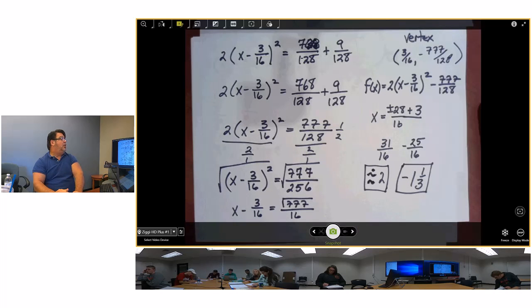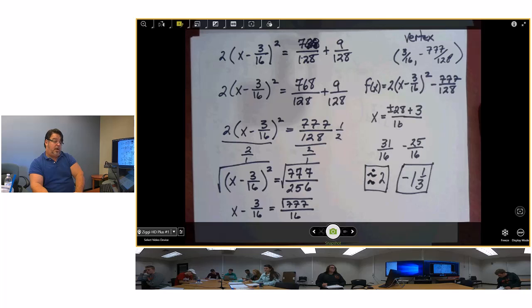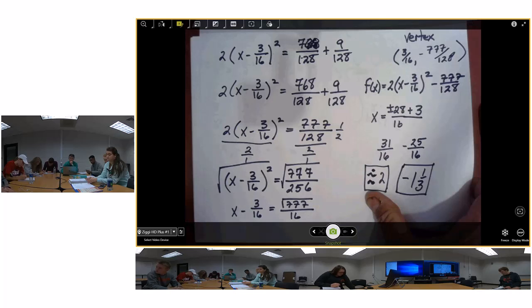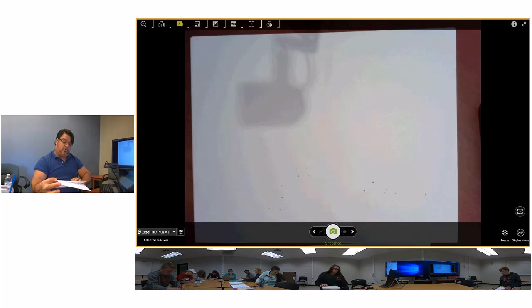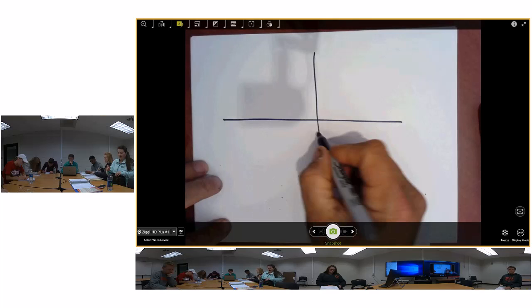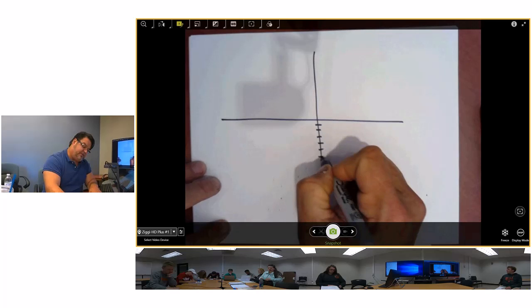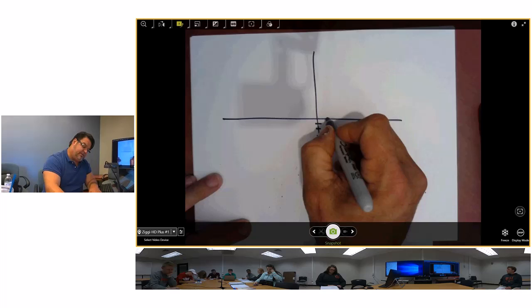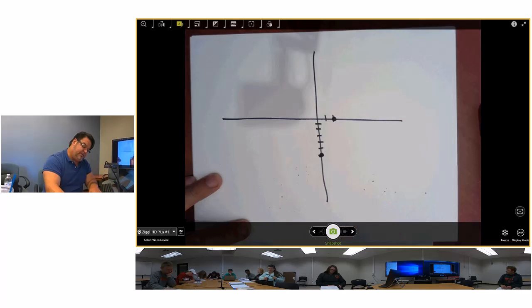All right, now plot those points. Our original (0, -6) is our y-intercept. 1, 2, 3, 4, 5, 6. And our x-intercepts are 2 and negative 1 and 1/3.